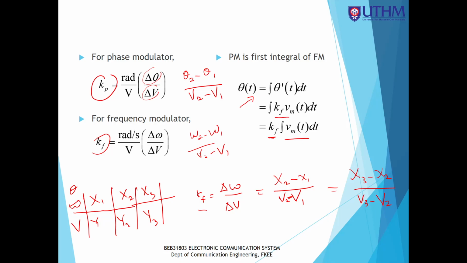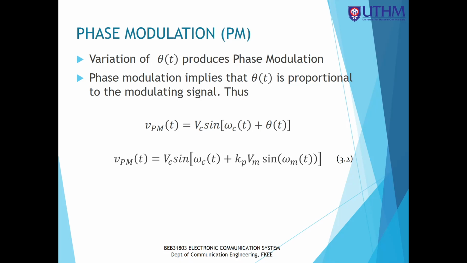From here we can define the complete equation for PM and for FM. From the general equation, Vc sine (omega c t plus theta t), I suggest making a big bracket.